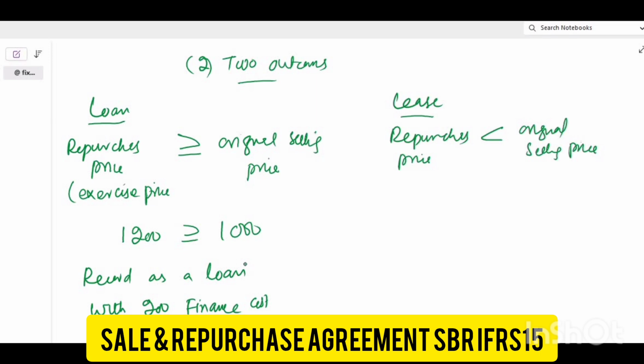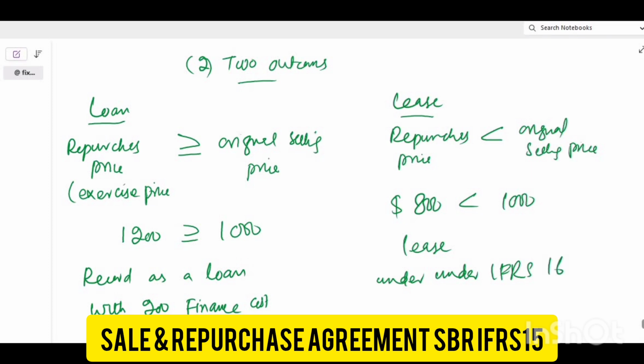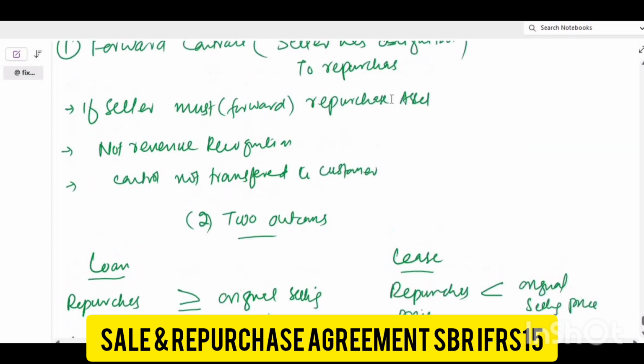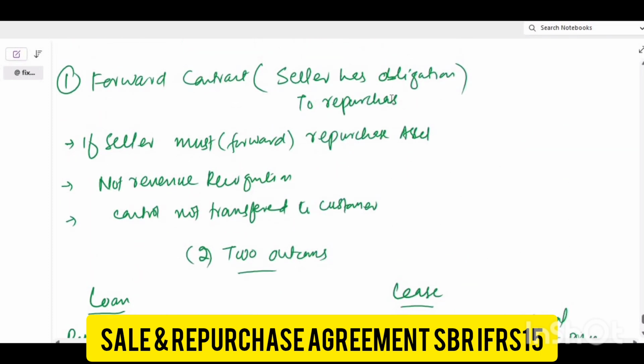For example, let's say the repurchase price is $800 and the original price is $1,000. Then you will count this as a lease, and you know that lease we treat under IFRS 16. Hope you guys understand this. Now this is the case where you have a forward contract.